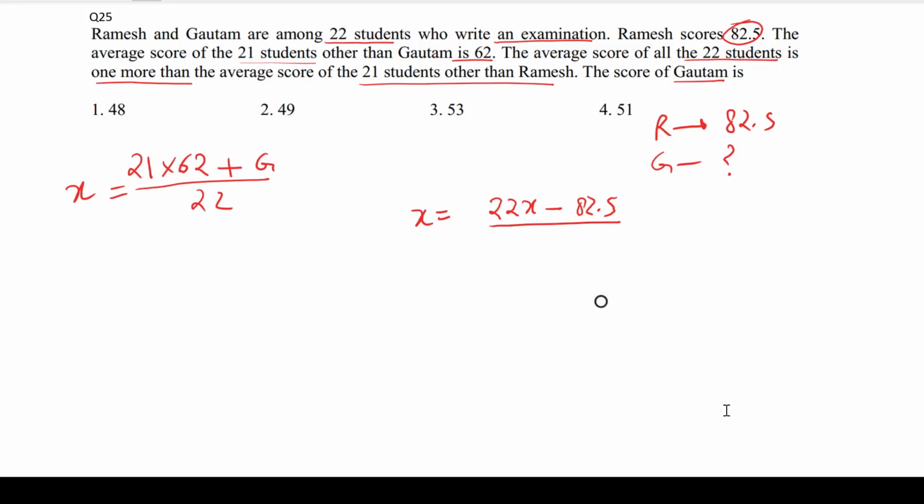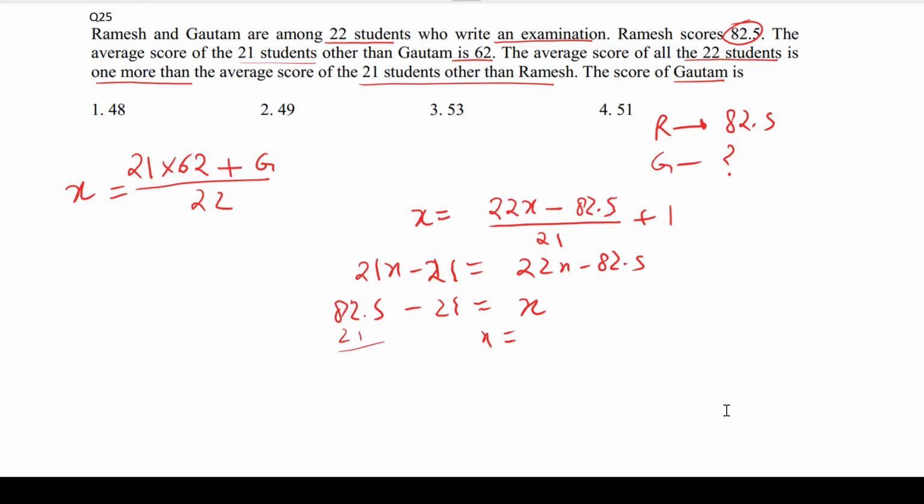So x equals (22x minus 82.5) over 21, plus 1. This will be x equals 61.5.